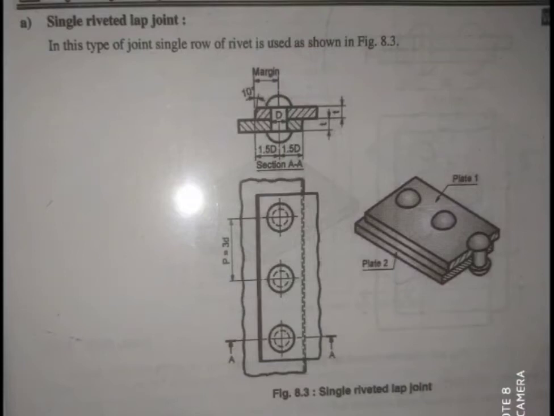Now here, this is the top view and this is the front view. A full section is taken, with a break, and the front side part is removed. Here is how to draw this rivet. First we draw the top view, which is easier.